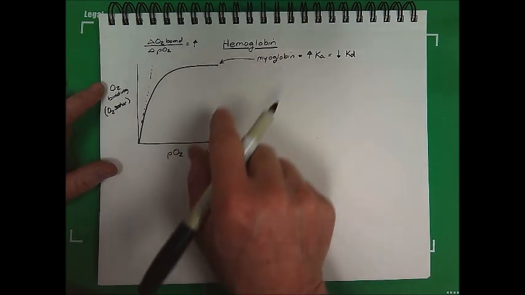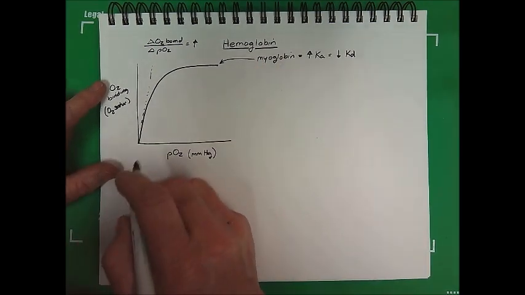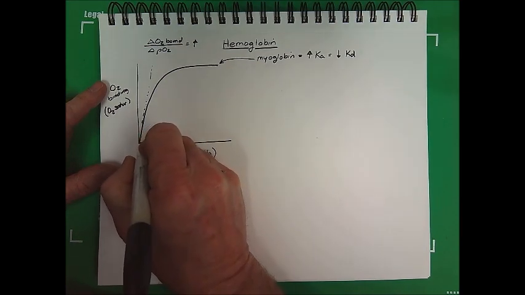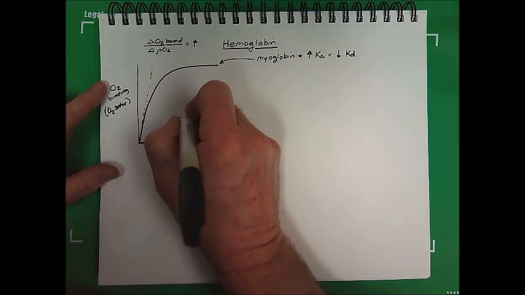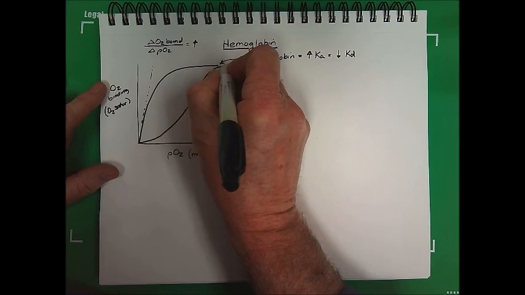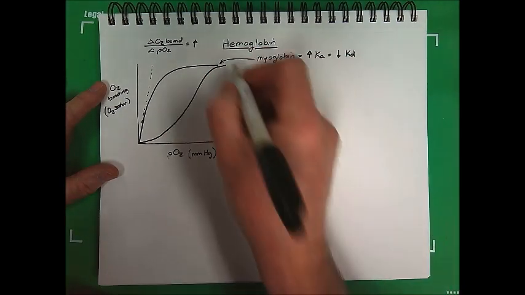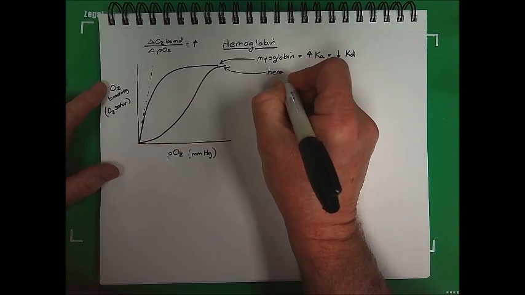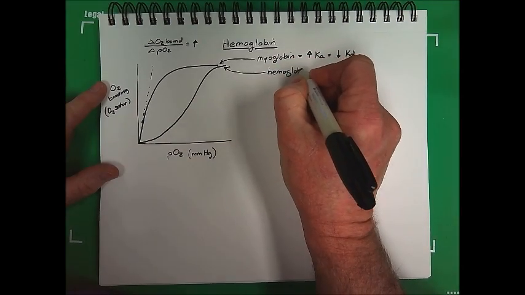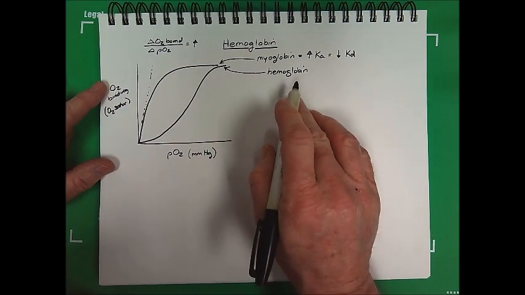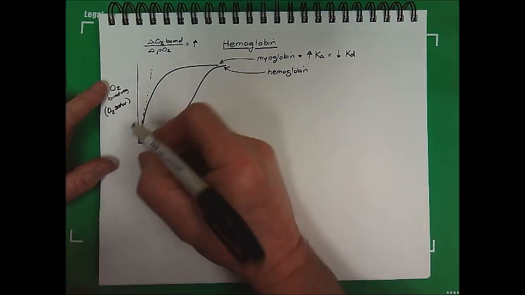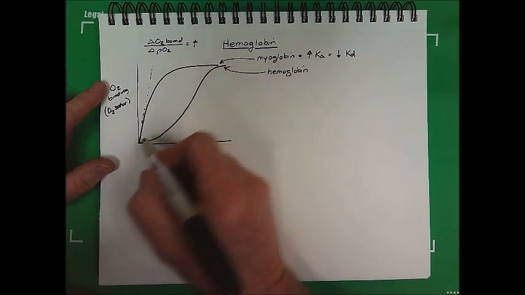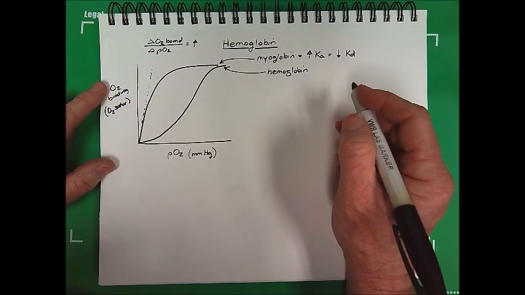Now, if we look at hemoglobin on this same curve, what we would see is this. This is hemoglobin. With hemoglobin binding, notice that we have transitioned from a hyperbolic curve into a sigmoidal curve.